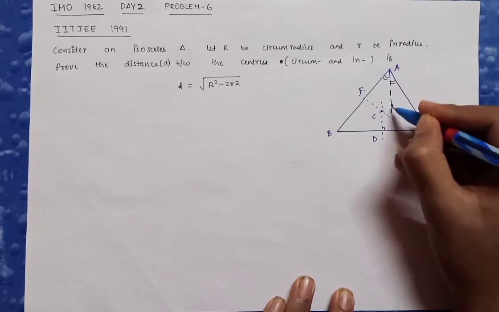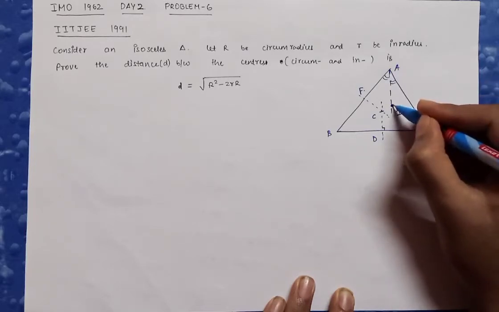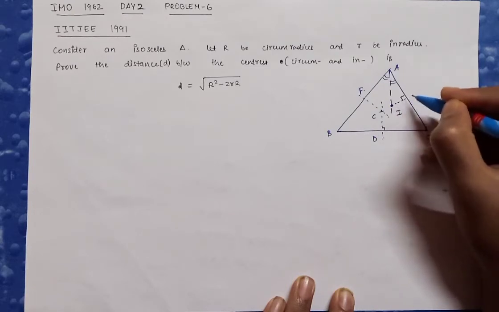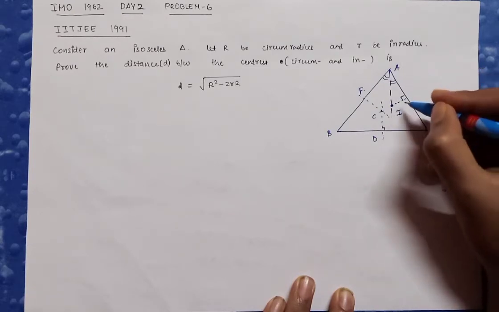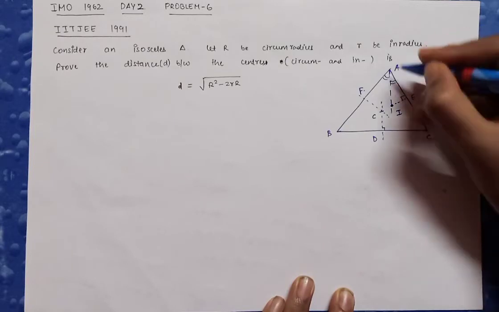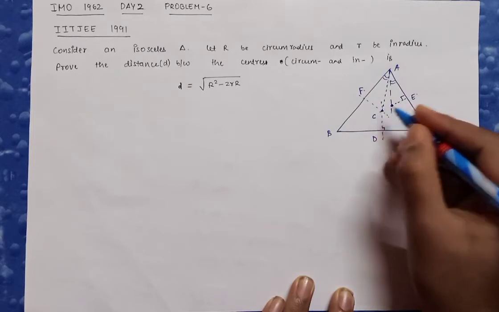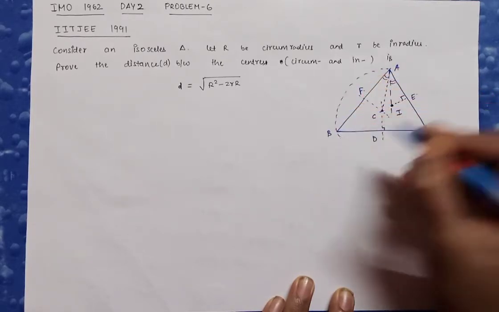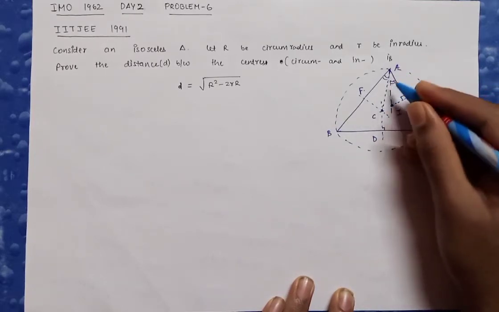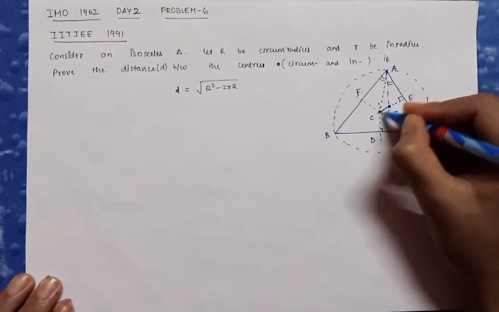Let's say it lies on this line somewhere like here, and let's call that incenter I. So if I draw one line here perpendicular to AC from the incenter, and let that line intersect AC at E. So let's call this point E. Now let us join A to C. As this is the circumcenter, if there is a circle which circumscribes ABC, then C will be the center and CA will be the radius of that circle. So this is our construction, and we have to find this distance, that is CI.